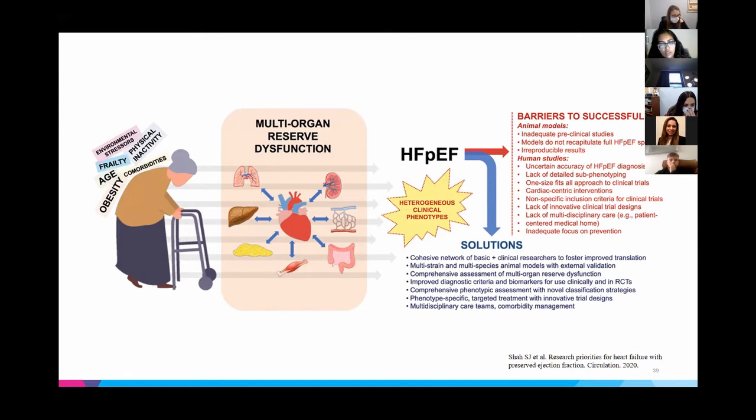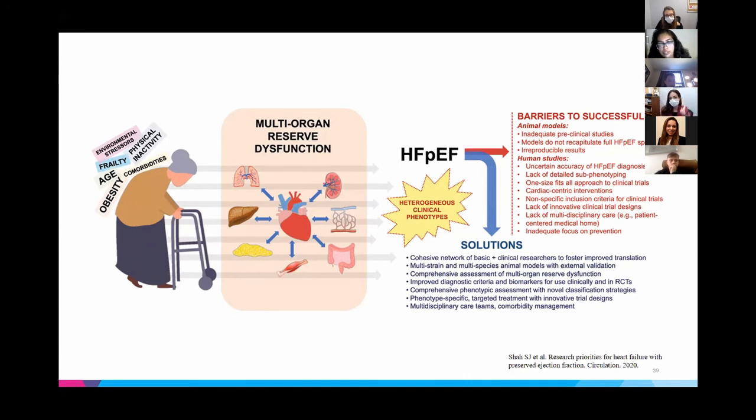All of this is very complex in terms of the risk factors, pathogenesis, pathophysiologies, and multi-organ involvement. So HFpEF is a very heterogeneous disease. There has really been a lack of translation, and the majority of the clinical trials, as we saw, have not led to improvement in symptoms or reduction in adverse outcomes due to several potential barriers.